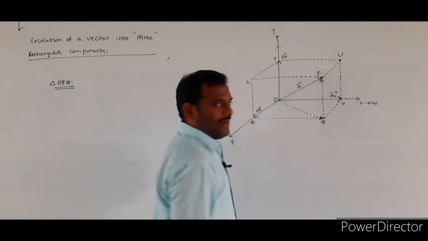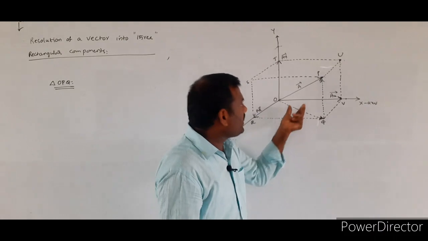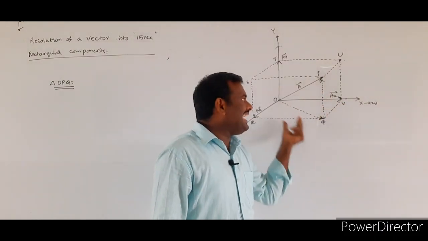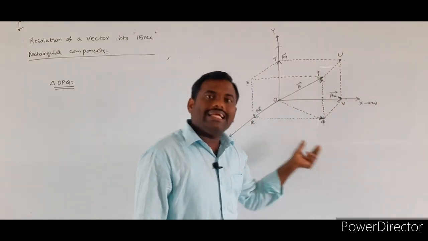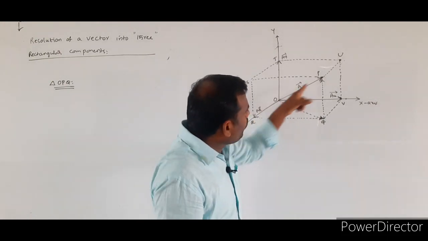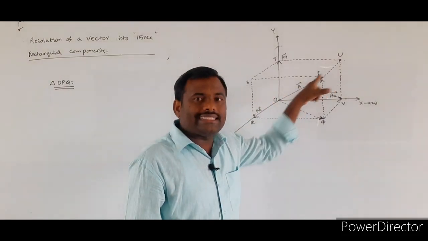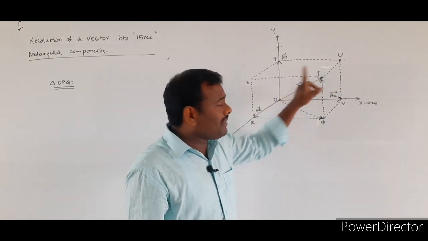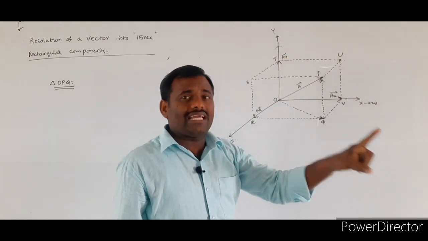That means the first vector, second vector will be taken in that order, and OP bar will give the closing side of the given triangle.